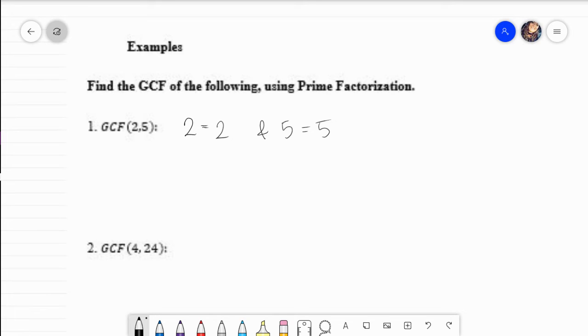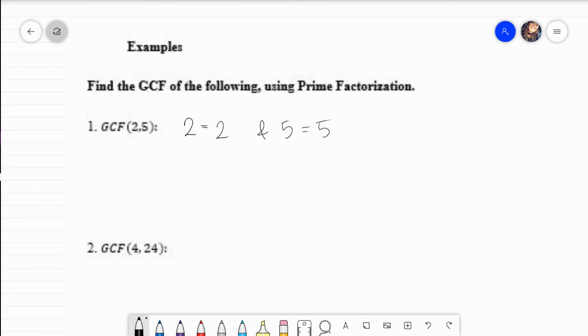The other 2 examples are going to get a little more involved, but the steps are still the same: the prime factorization of each number, and then you look to see what they have in common. Well, 2 is just going to be 2 because it's already prime, and 5 is just going to be 5 because it's already prime. They don't have anything in common.